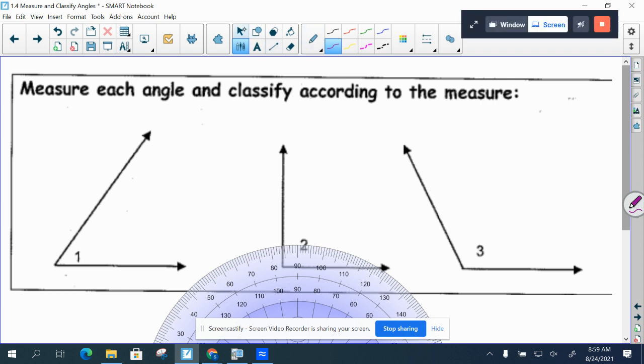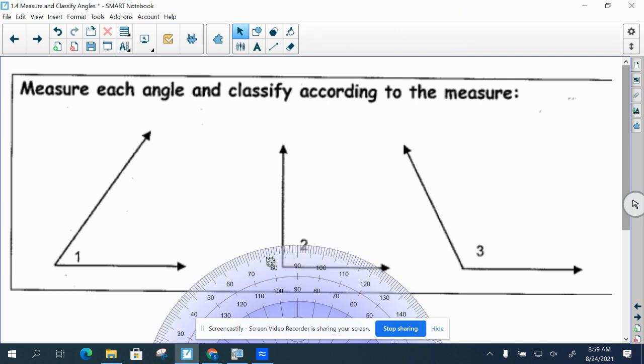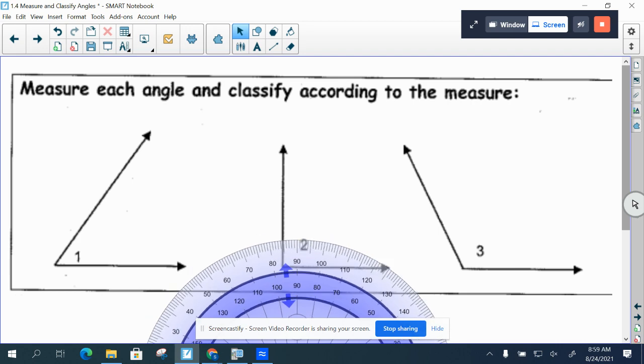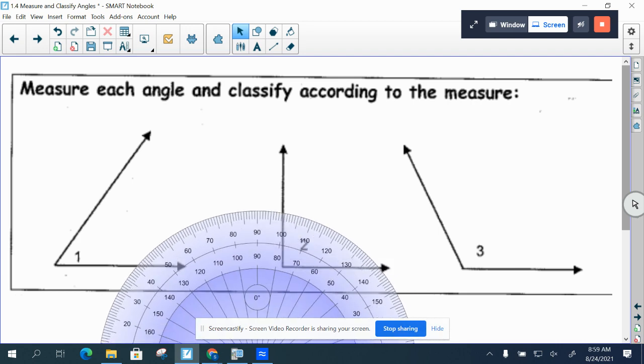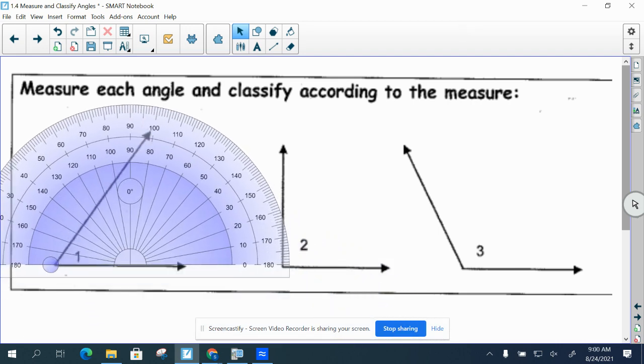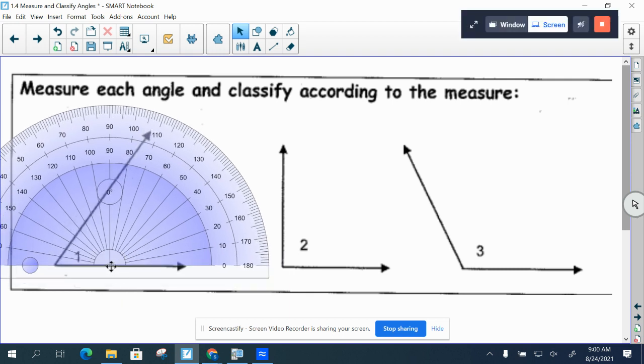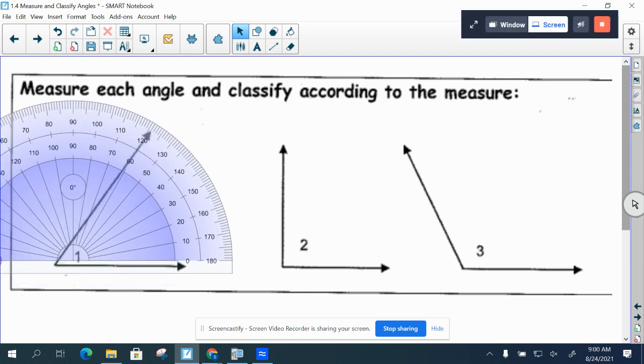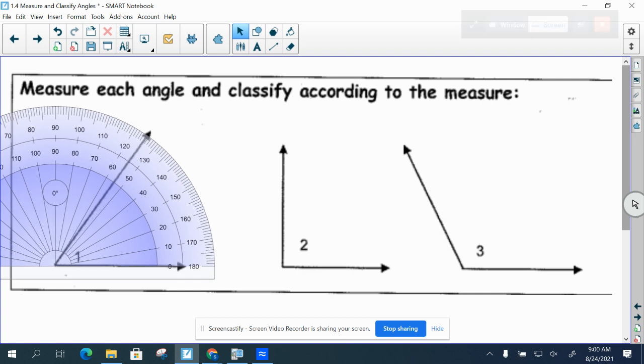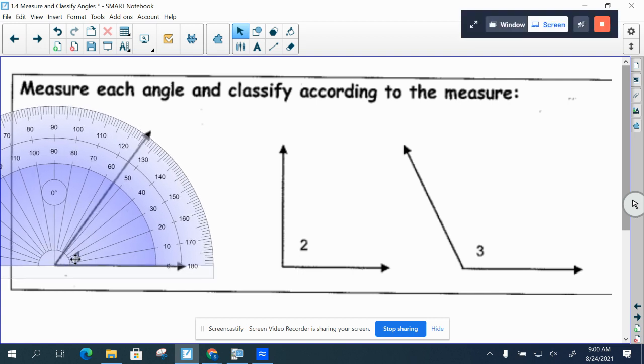If you're not familiar with using a protractor, I'm going to try my best to demonstrate. You put this little mark on the vertex like that, and then you line up the black part with the ray, and see where it goes through.